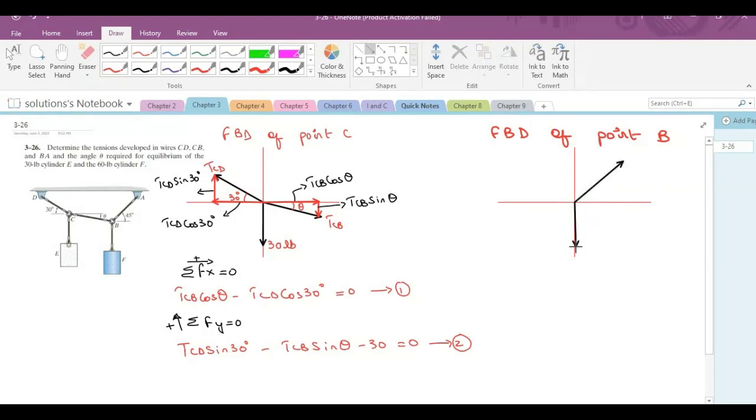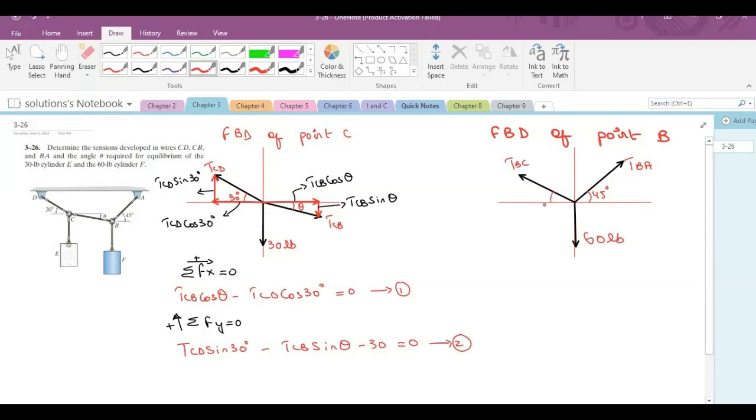I have a vertical force, and I have another force that is inclined at some angle. This right here is 45 degrees. Let's call this TBA. The vertical force is 60 lbs, the weight of cylinder F. And this right here is TBC.